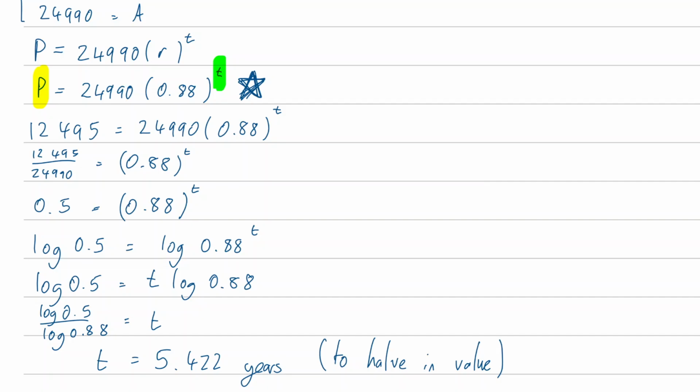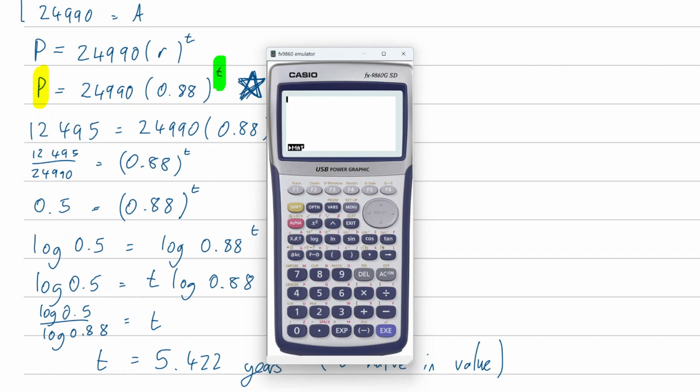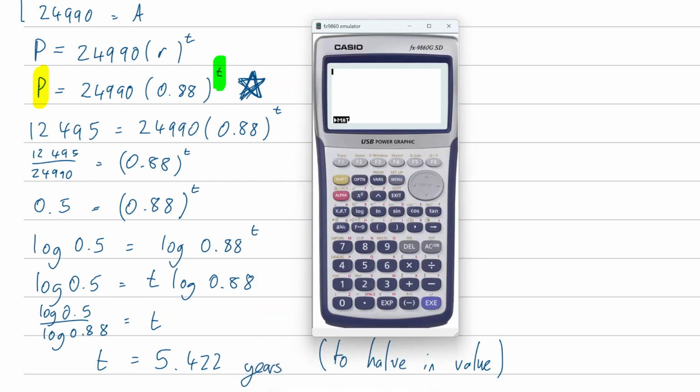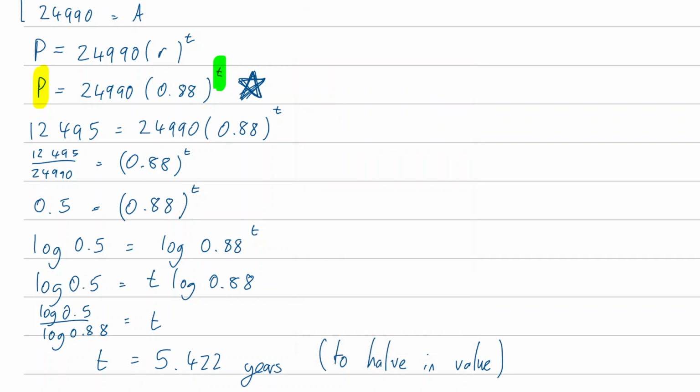Just a side note, if you want to solve this on your calculator, you can. However, it's not 100% always correct, so just be mindful of that. It depends on the problem, but it's a good way to check anyway. So menu, go to equate for equation, F3 for equation solver. Now we input our equation, so that will be this one right here.